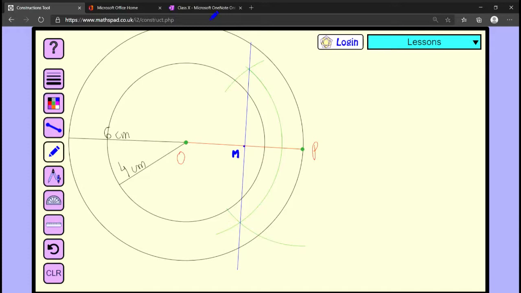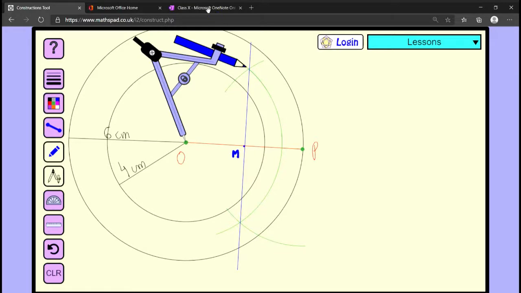Then for this line segment, we construct a perpendicular bisector in order to obtain the midpoint. Once you have obtained the midpoint, from that point as center, draw a circle with the radius equal to OM or MP, or you can say draw a circle with M as center and OP as diameter.